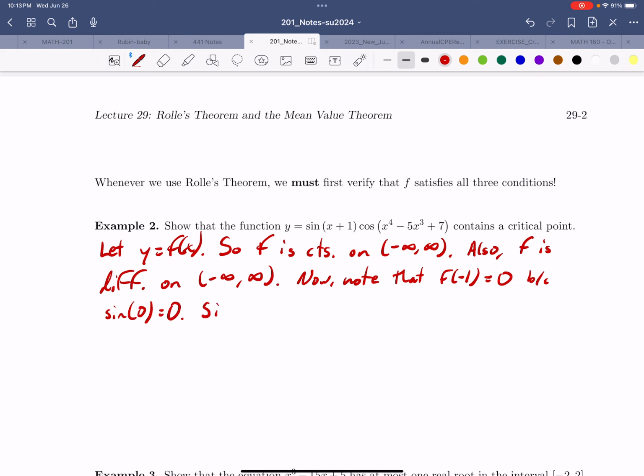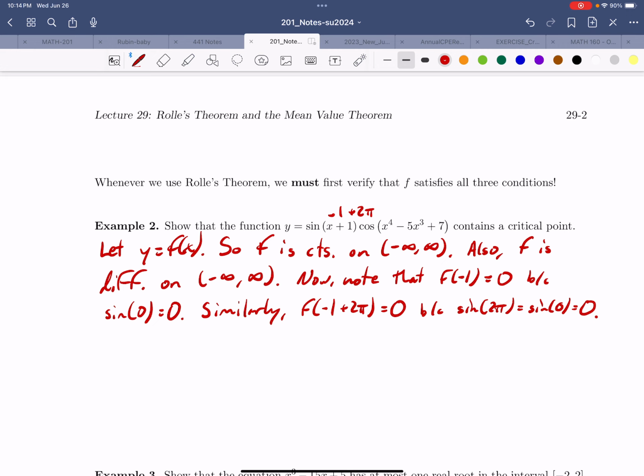Now, similarly, trig functions are periodic, which means that they repeat values every 2 pi. So I could also plug in negative 1 plus 2 pi. So I could say that f of negative 1 plus 2 pi also equals 0 because sine of 2 pi equals sine of 0, which equals 0.